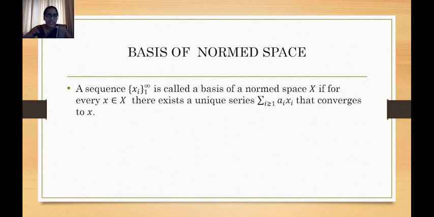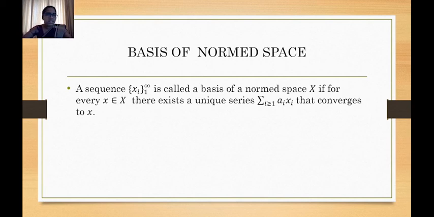Let's see the definition. A sequence set x_i, where i varies from 1 to infinity, is called a basis of a normed space X if for every x element of X there exists a unique series, summation i greater than or equal to 1, a_i x_i, that converges to that point x.